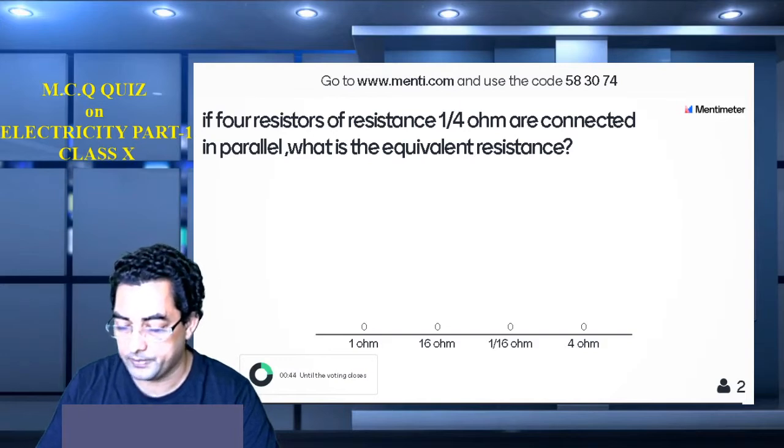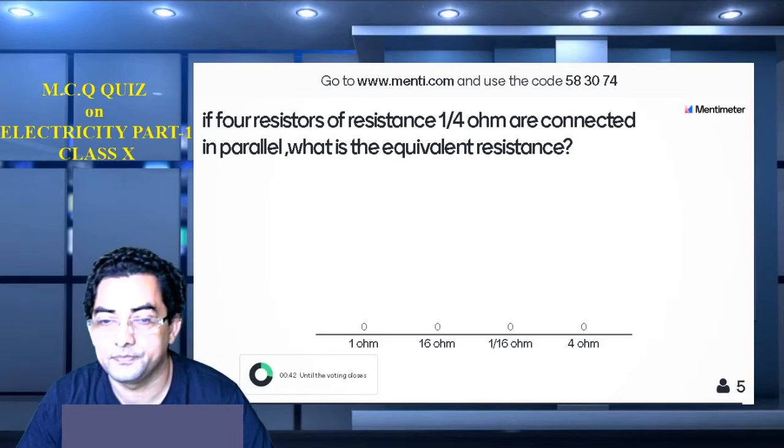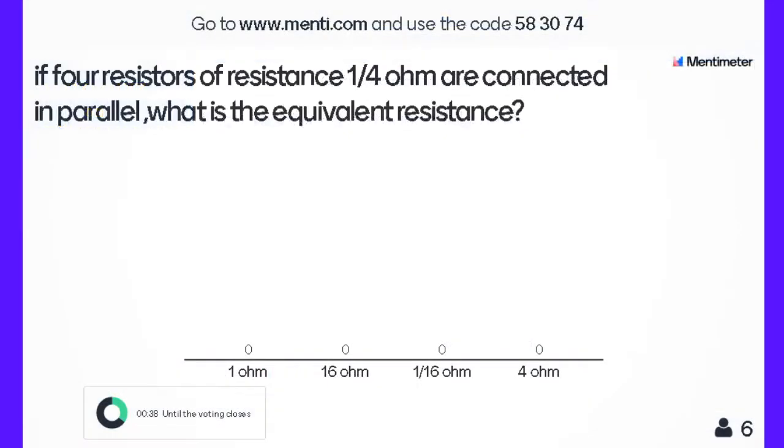What's the answer? Okay, 5 of you have already given the answer. Let me show you the question on the bigger screen. The 4 resistors are connected in parallel and their resistance is 1 over 4.